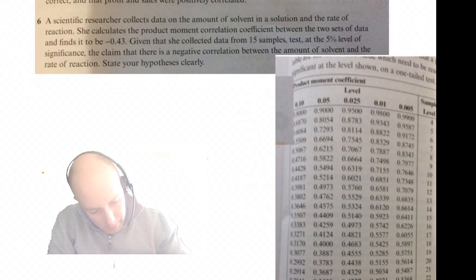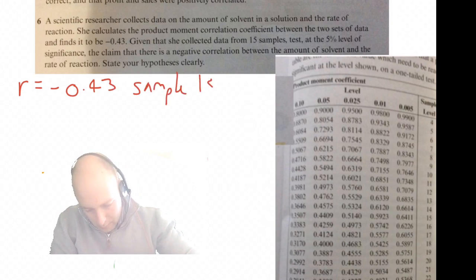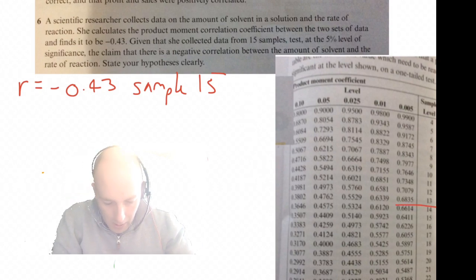R is minus 0.43. Sample is 15. So it's this row here.